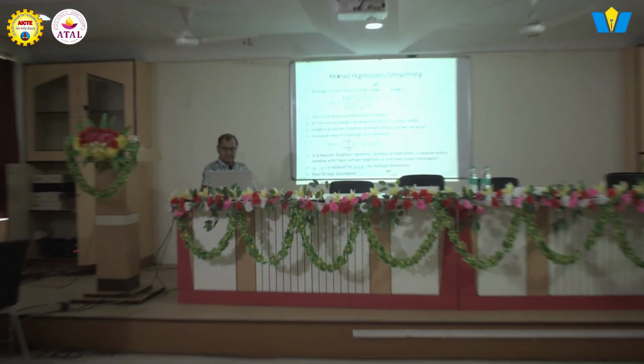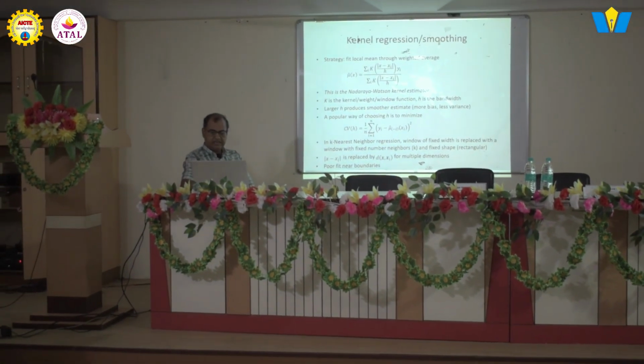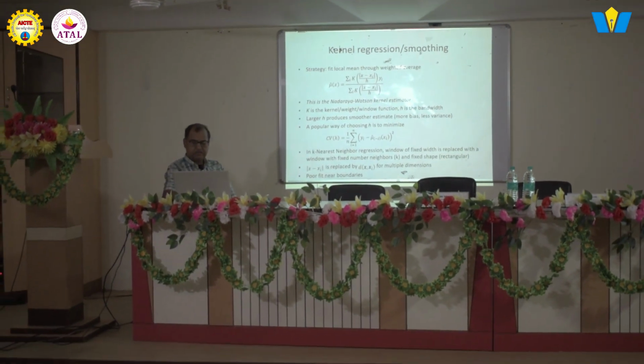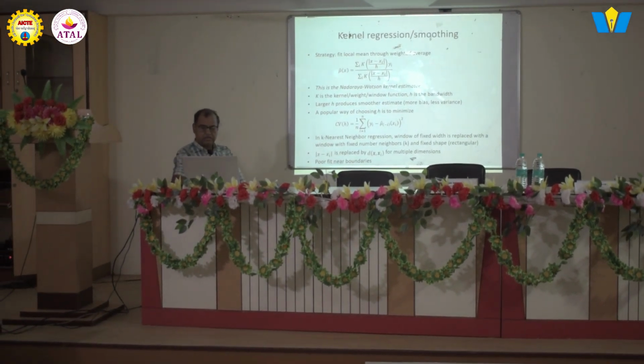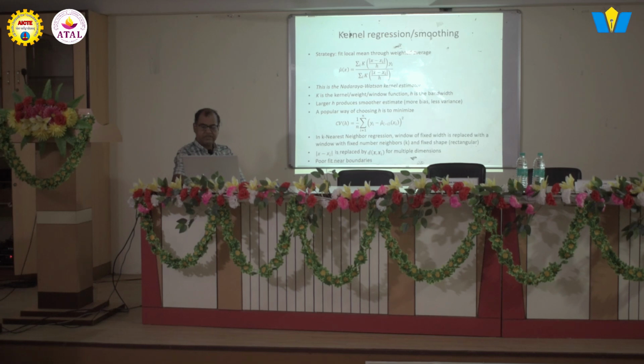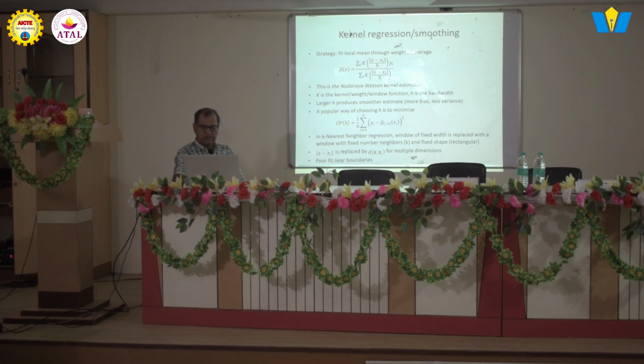Continuing with this slide, so far I have demonstrated this Nadaraya-Watson kernel estimator. I have demonstrated the selection of the bandwidth through cross validation, minimization of the cross validation criteria.